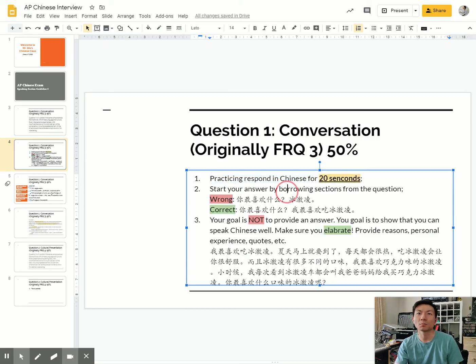All right. The biggest question for that part usually is not answering the question, but how to fill up that 20 seconds, which might be a little bit difficult. 20 seconds can feel a little bit long if you haven't planned what to say. So one of the things you can do is borrow some sections from the question.